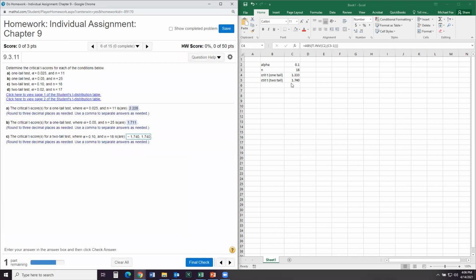Maybe I'm doing something wrong. Let's see. T.inv.2t, alpha 0.1, n is 18, and this should be n minus 1.